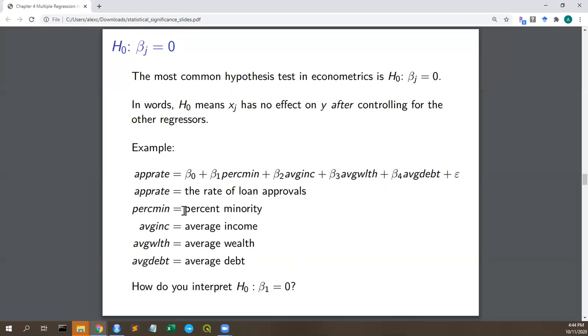So as the percent of minority is increasing, if this is 0, it's not going to have any effect on the rate of loan approvals. And if it's positive, that means that it would increase, right? If it's negative, it means it would be decreasing. But if it's 0, or what we're going to call insignificant, meaning positive but really, really small with a large standard error, or negative but really, really small with a larger standard error, that's all going to be 0.